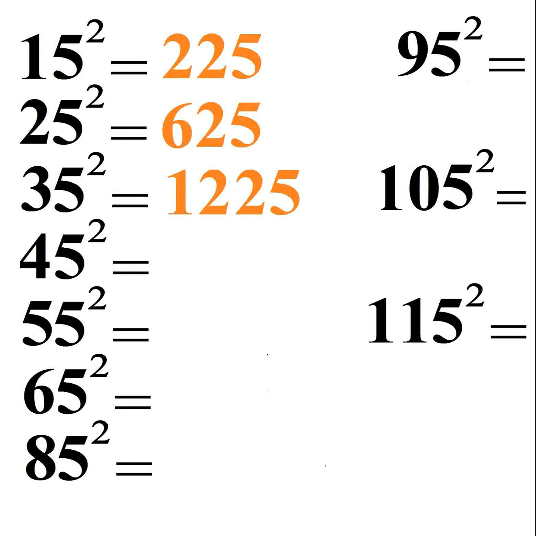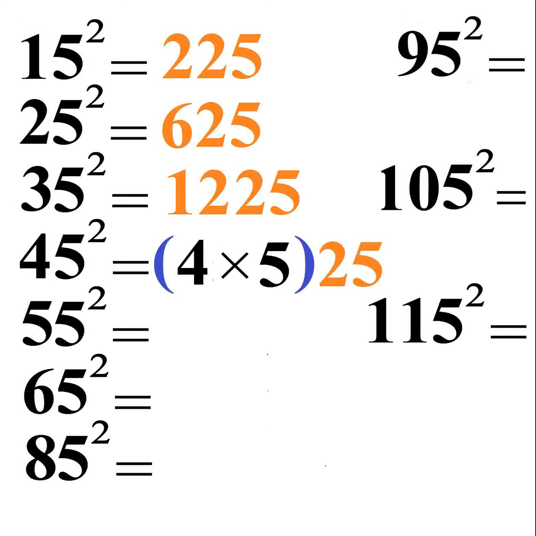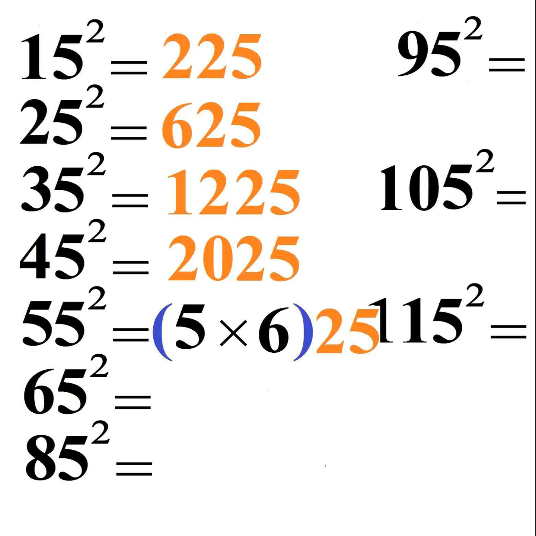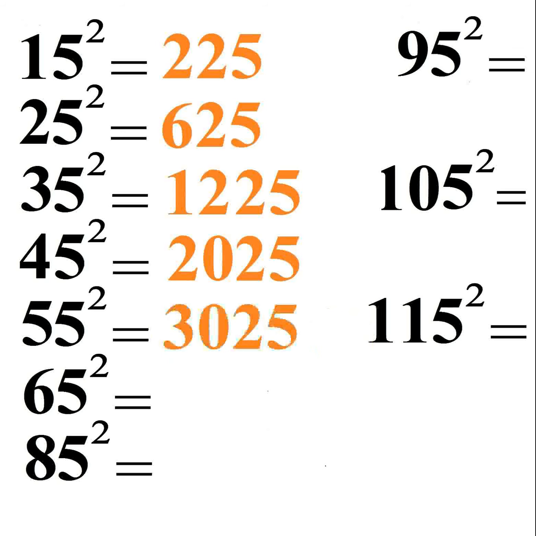What about 45 squared? We should multiply 4 into 5, then 25. So it is 2025. What is 55 squared? It is 5 times 6, 25, or 3025. What about 65 squared? It is 6 times 7, which is 42, then 25.